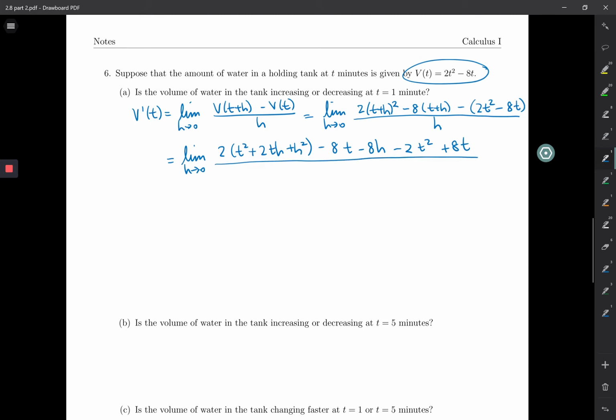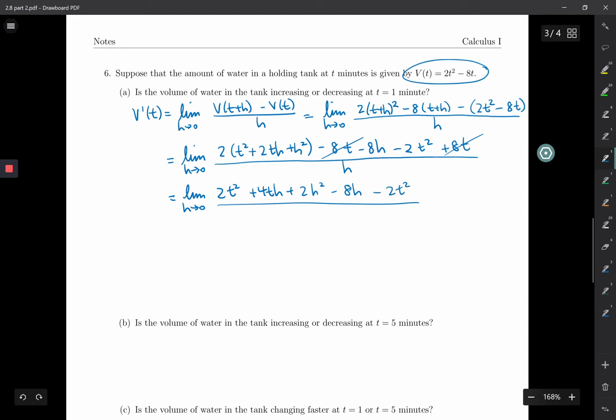We do actually get some cancellation already: this 8t cancels with this negative 8t, and then I'm going to distribute that 2, and then we have minus 8h minus 2t squared. The 2t squared cancels with the minus 2t squared.